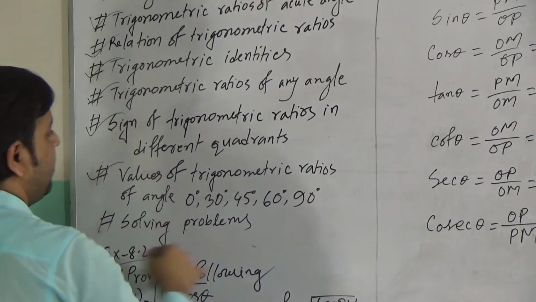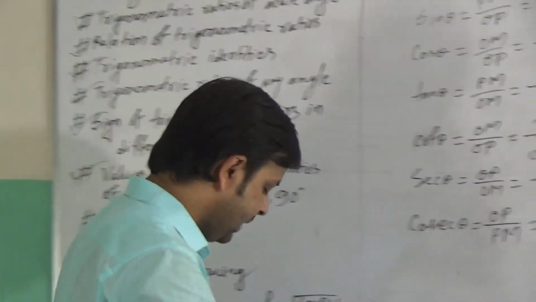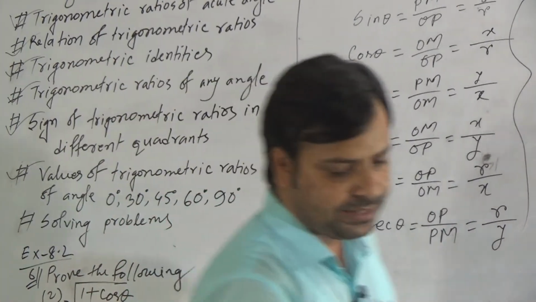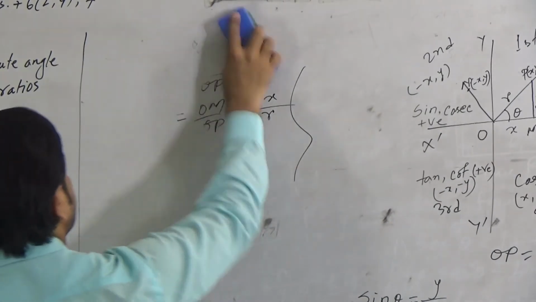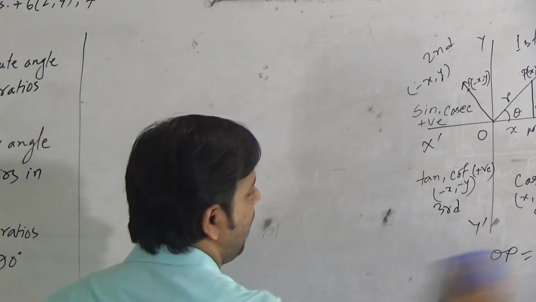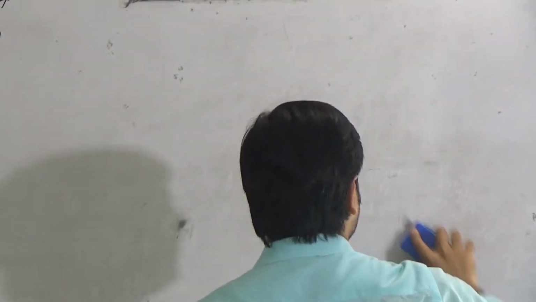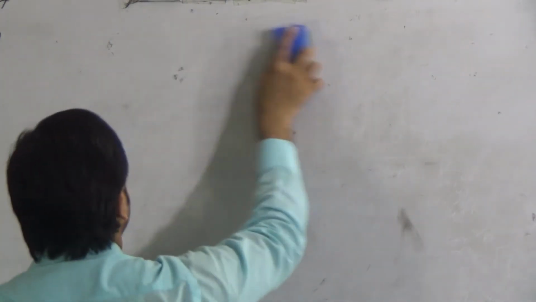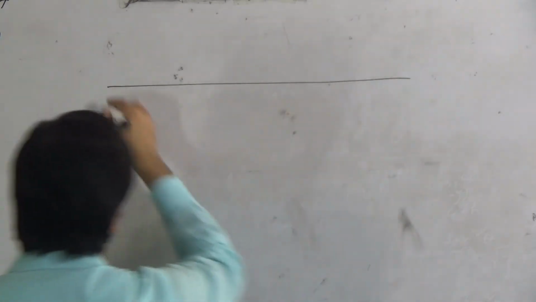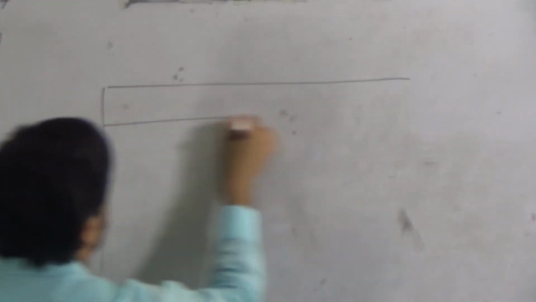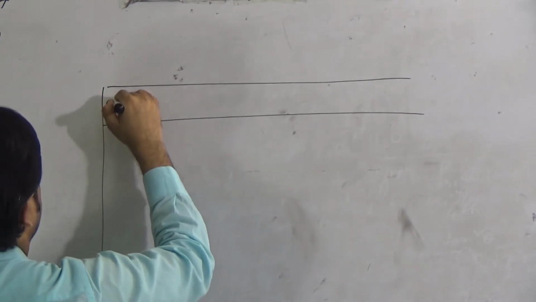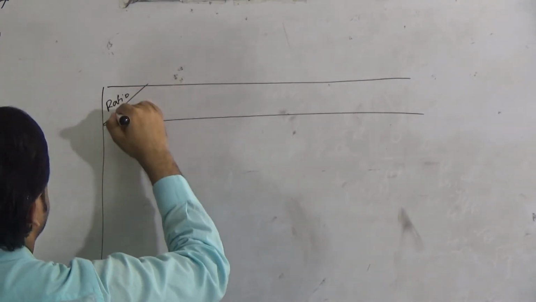Now, values of trigonometric ratios of angle 0 degree, 30 degree, 45 degree, 60 degree and 90 degree. I will show the values in a table. Dear students, you have learned in general math how to determine the value. I will just recall the values by showing the table here. We will write ratio here and angle here.